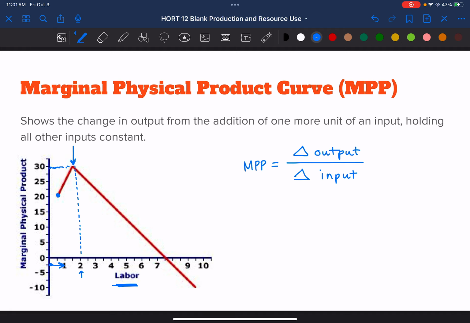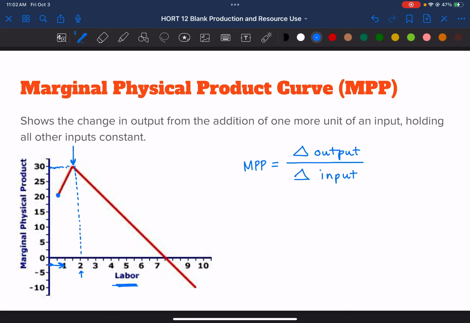And this is what sets the MPP apart from the average physical product curve, which we'll talk about next. We have to remember that as we increase our labor on this graph, what we're talking about is the marginal increase in production, not the total increase of production.